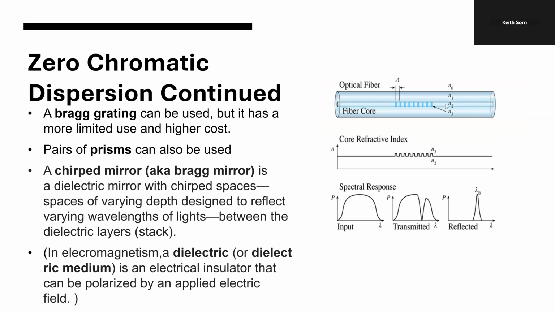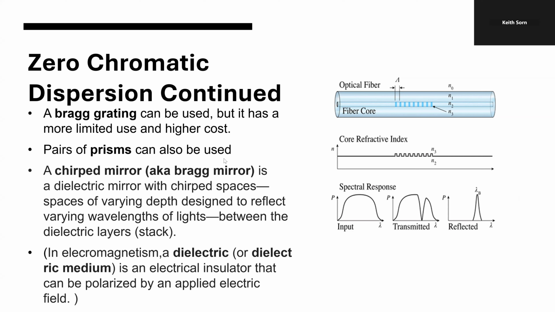One is called a Bragg grating. A Bragg grating basically says I have the core, and at stripes in the core, I am going to use a higher index of refraction than the normal core. This is going to produce negative dispersion.